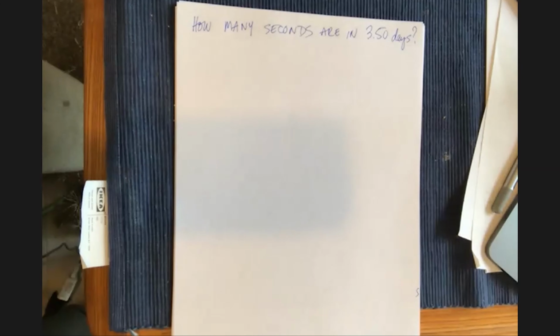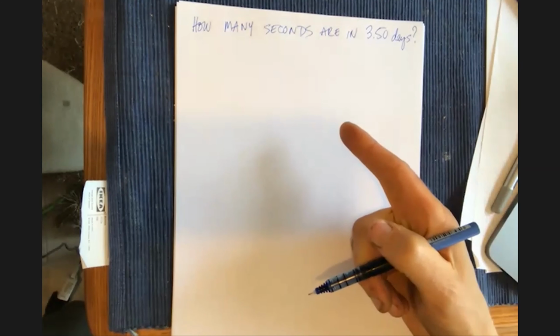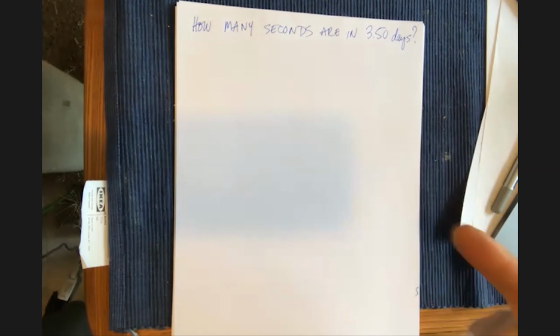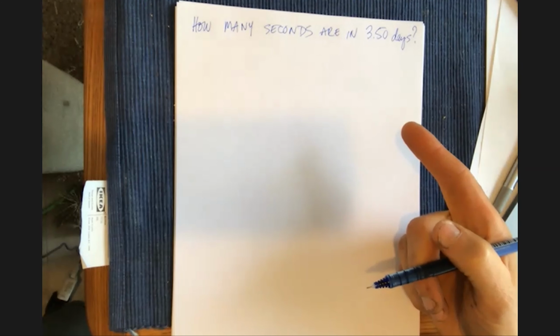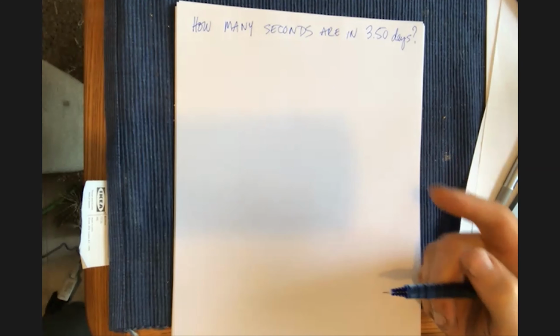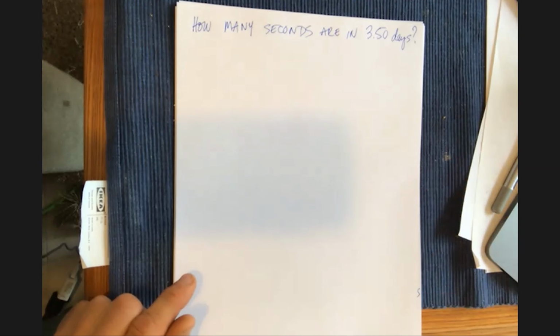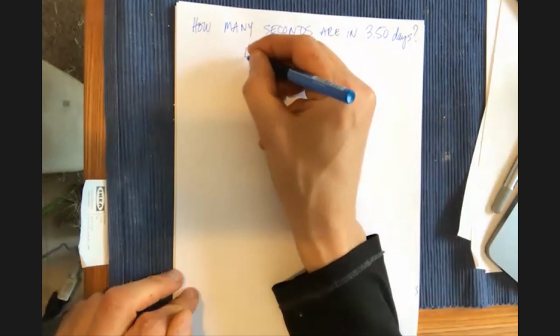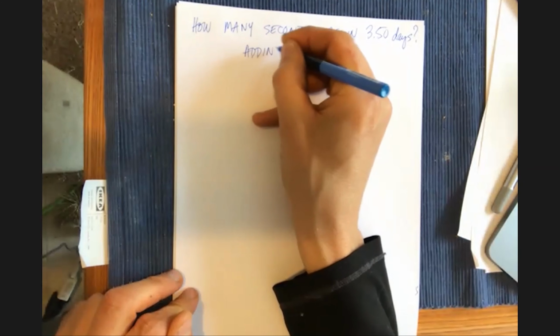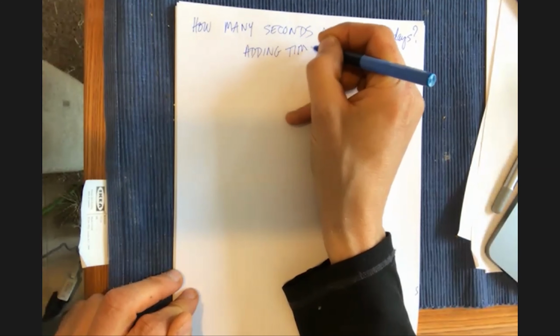Okay. Am I increasing the number of seconds? Nope. Am I decreasing the number of seconds? Nope. What am I doing? You're just multiplying by 1, just like you said. Yeah. So I'm not adding any time. I'm not subtracting time. So adding time?